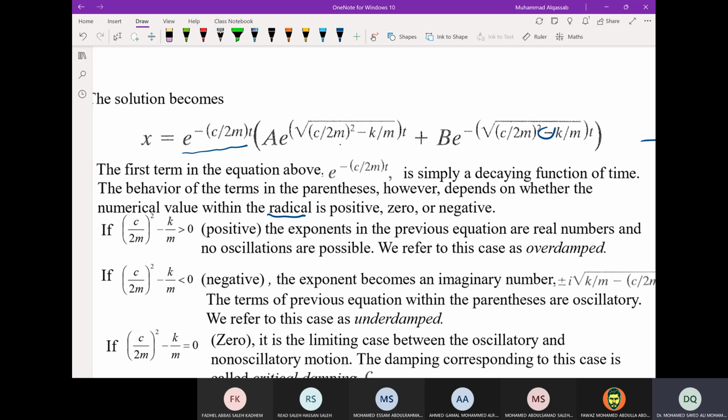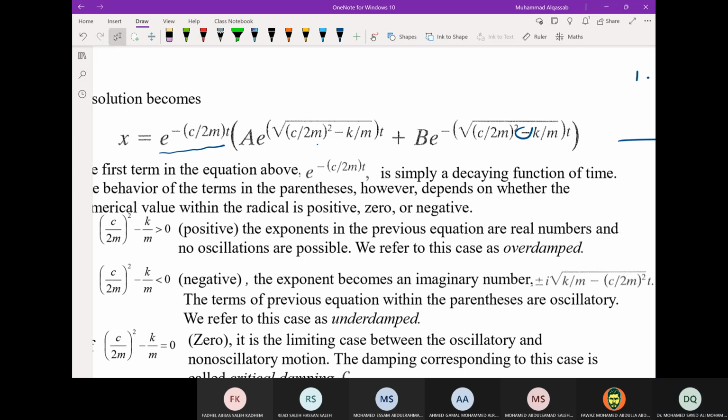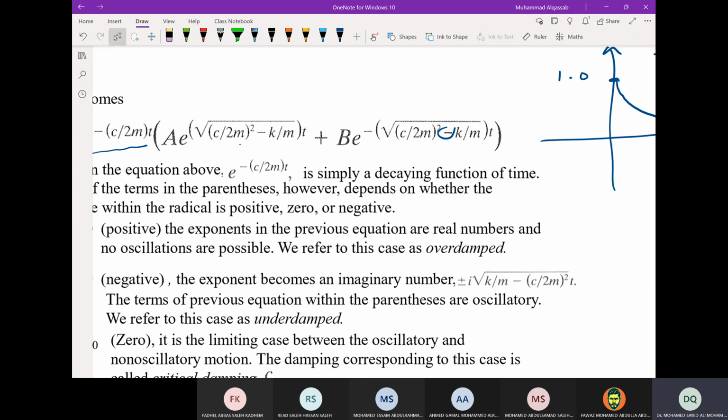Okay, if it is positive, it means that (c over 2m) squared is greater than k over m. The square root of a positive number is a real number.